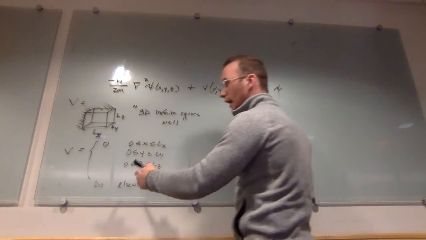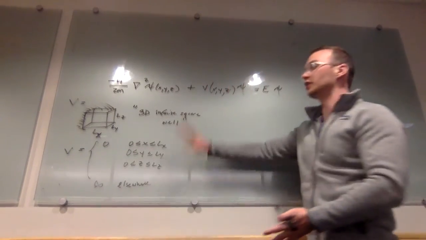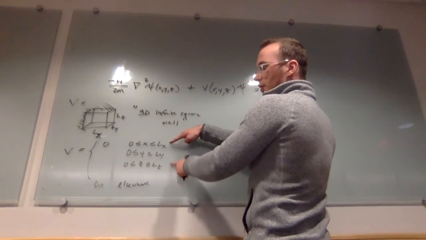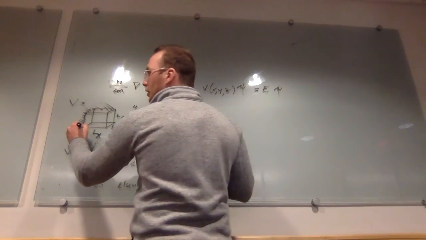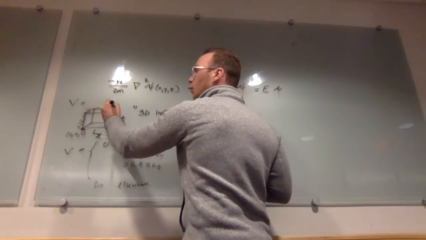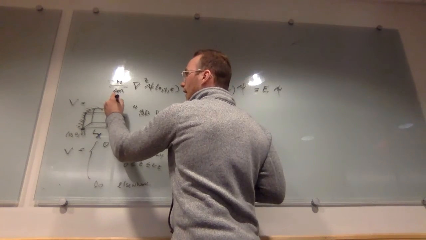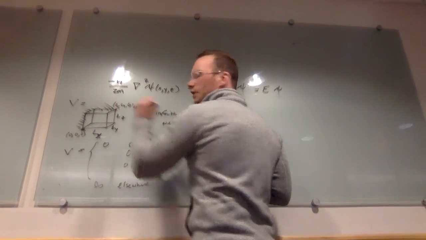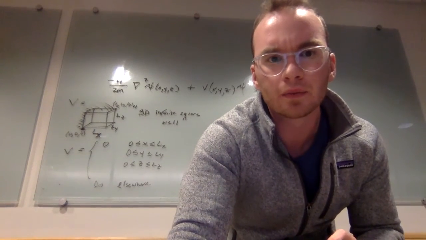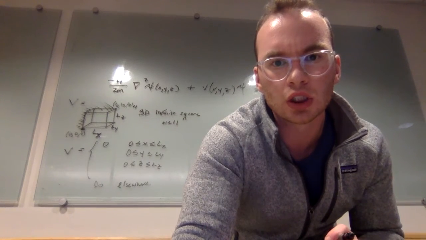Of course, you could write x is greater than Lx and less than 0, and write the whole thing out. But anyway, these are just all ways to write a box. Specifically choosing the parameterization where the origin, 0, 0, 0, is one of the corners, and the opposite corner is Lx, Ly, Lz. I don't know if that's exactly the one they use on this page.